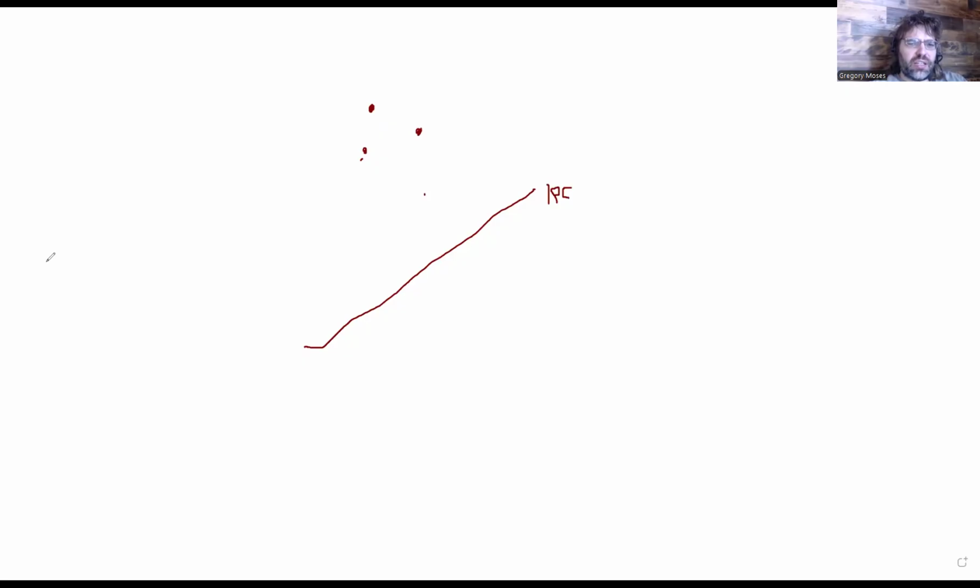The second principal component is going to be a line orthogonal to the first principal component. And again, we're trying to get our data to be as spread out as possible. We're trying to explain or capture as much variance as we can.